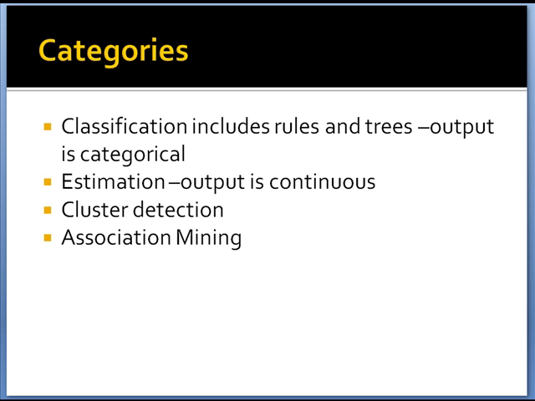And then something called association mining, which is like classification, but when we don't have a particular output variable that we're trying to use. So I'll explain that more carefully later, but for example, in the weather and golf problem, we were trying to predict whether people were going to play or not.